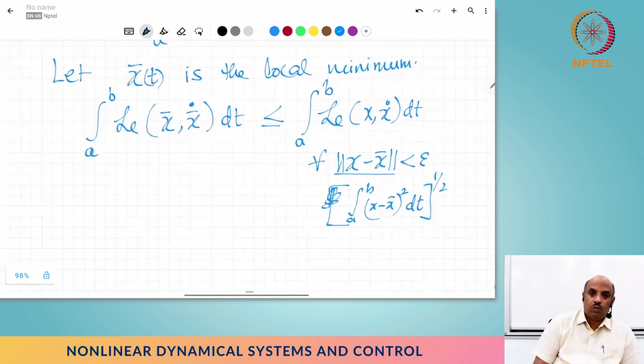So what we did after this particular step, we actually approximated using Taylor series.